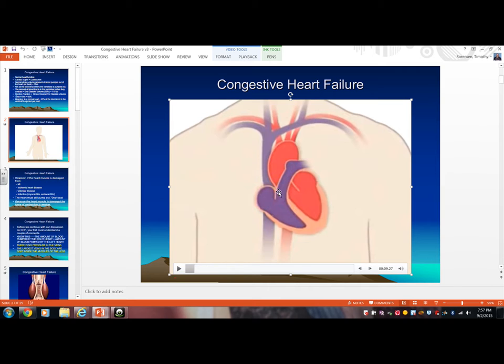The right side of your heart, right atria, right ventricle, pumps the venous blood, the deoxygenated blood, the blood that's high in carbon dioxide and low in oxygen, to the lungs to get oxygenated.